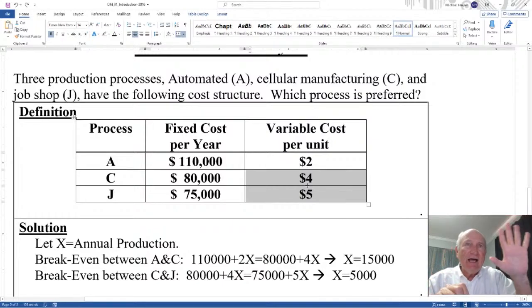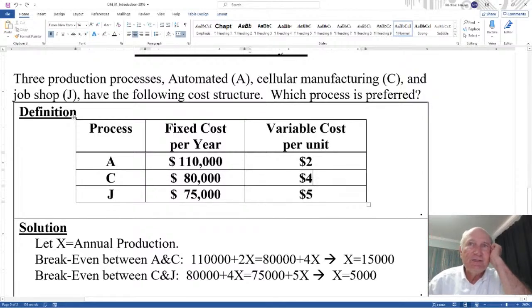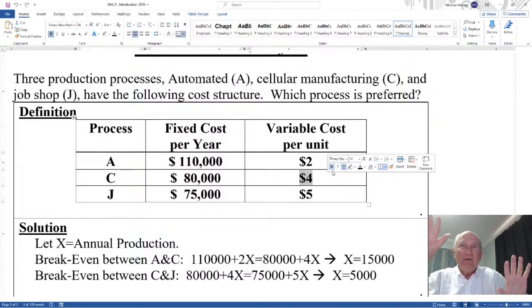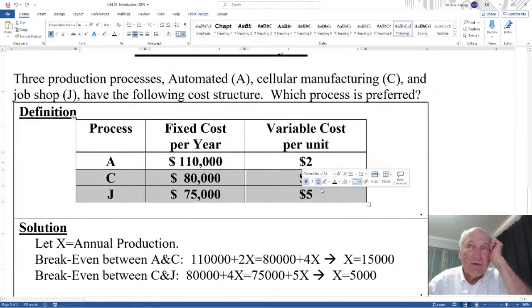So initially J is $5,000 cheaper, but then J is $1 more. So how much do I have to produce in order for C and J to have the same cost? 5,000. Because if I'm saving $1 here, then I'm saving $5,000 after I produce 5,000, and then the costs are the same. So the break-even between these two is about 5,000.